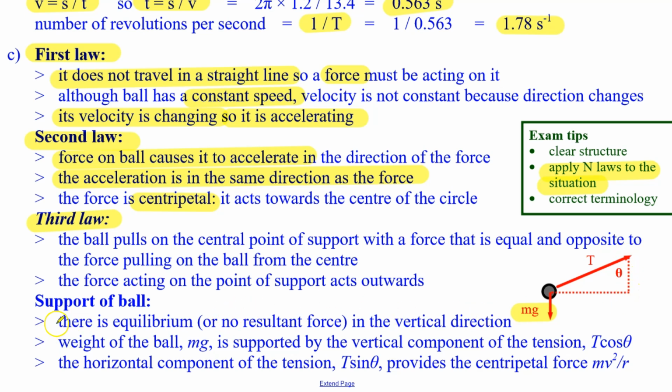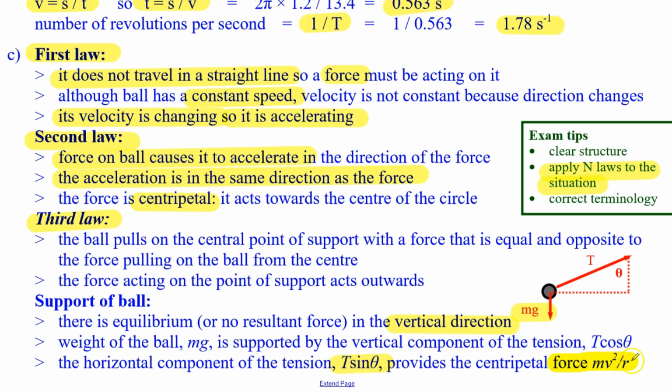Once again, this is fairly typical of what we've seen previously. In the vertical direction, there is equilibrium. The vertical component T cos theta is equal to mg. So we do have balanced forces there. But in the horizontal direction, there is a resultant force: a horizontal component of tension, T sin theta, provides a centripetal force.